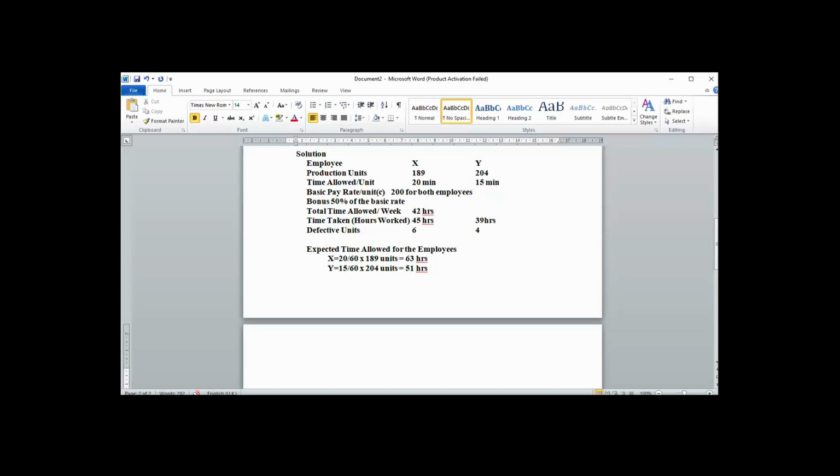Now, these people, they gave them the normal minute they can produce 1 unit. On a good day, they work 42 hours in a week. They should have produced 42 hours times 20 units, but they produce more than that quantity. Do you expect them to use the same hours? No. But at the end of the day, they still manage to save time based on the time given to them.